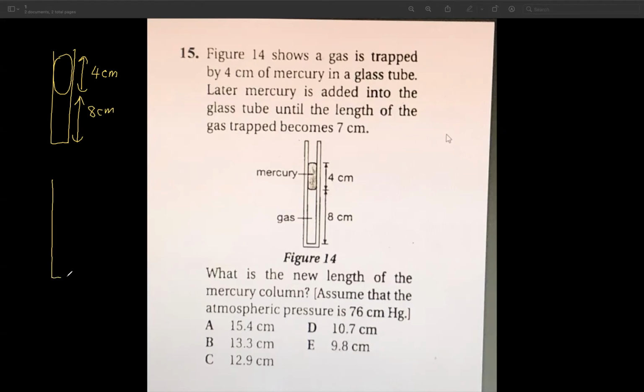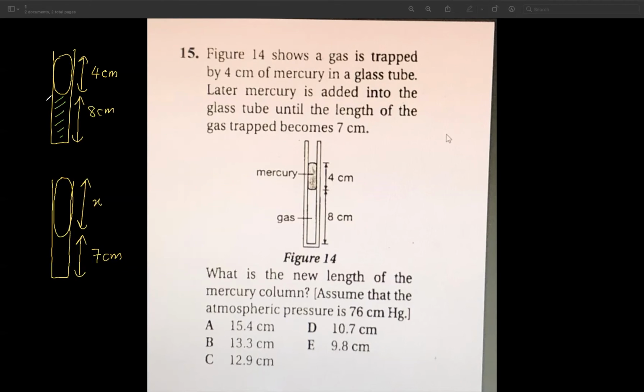And when you add mercury, the length increases. Then it says that the trap becomes 7 cm, right? 7 cm. What is the new length of the mercury column? You want to find this mercury column length, X. Okay. Same, we take the pressure. Now, here the trapped gas is under the mercury, right?